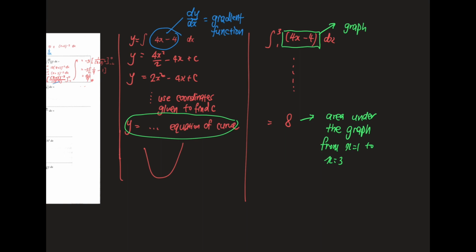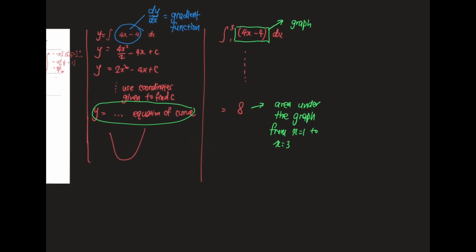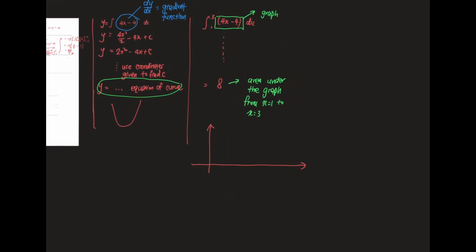Let's say an example. How does it look like? I draw it out and you see how it looks. The graph is 4x minus 4. It's basically a straight line, very easy to draw, where this is the y-intercept, minus 4.